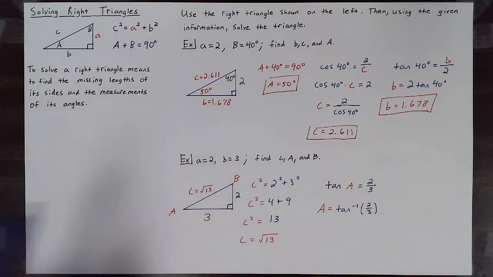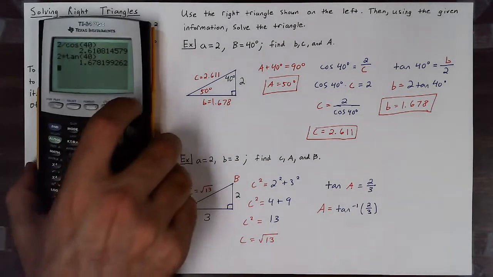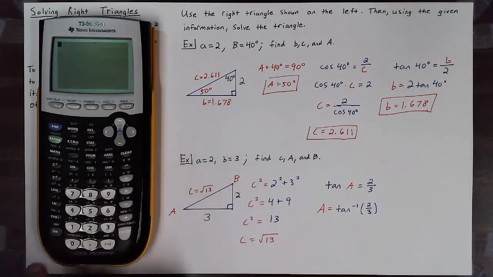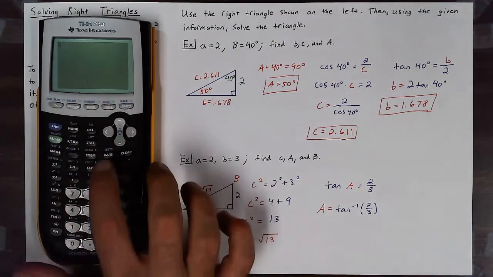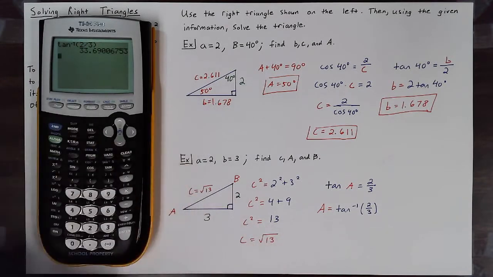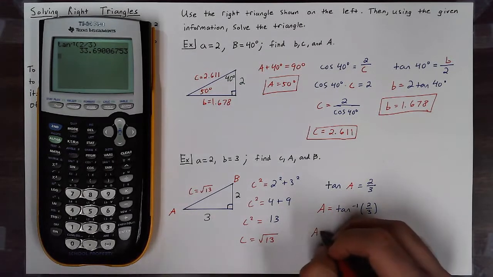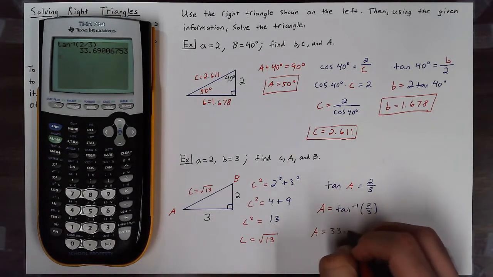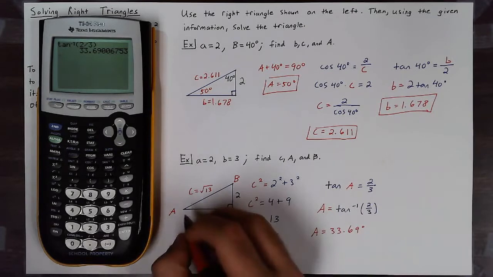Now that gives me an angle for my problem. So tangent inverse of 2 divided by 3 is 33.69. So A is equal to 33.69 degrees.